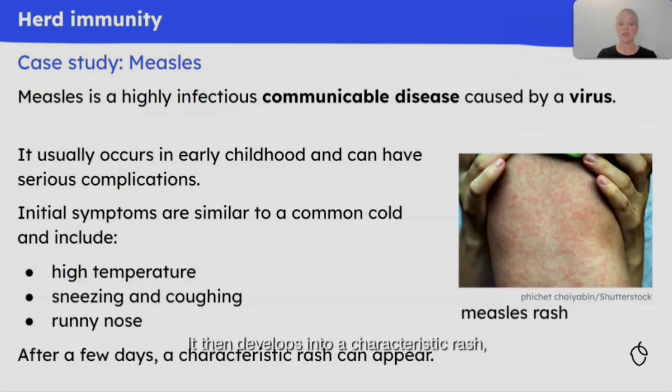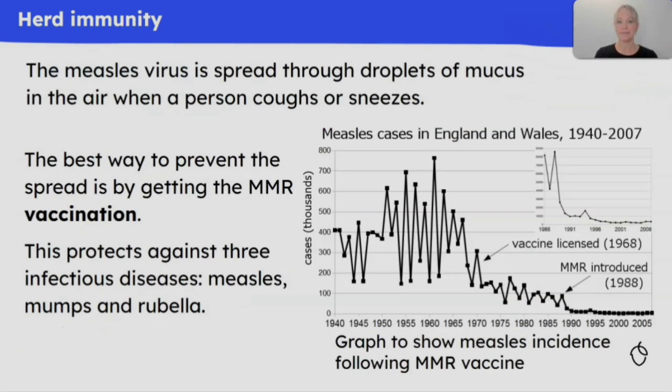It then develops into a characteristic rash, the measles rash, which you can see in the image there. If you take a glass and push it onto the measles rash, it doesn't disappear. That's really characteristic and should mean that you take that child directly to the doctors or A&E really quickly.